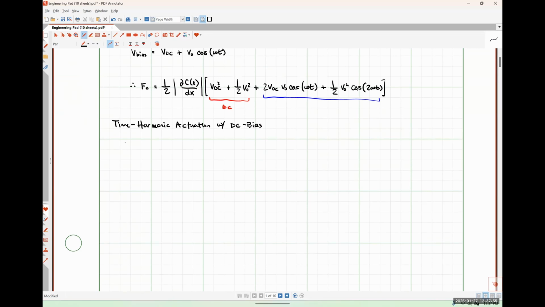When the DC portion of our bias signal is much greater than the magnitude of our AC portion, or the twice omega term is much greater than omega naught, where I'm making a note that omega naught is the mechanical resonant frequency of the system, then our force equation is going to simplify slightly.